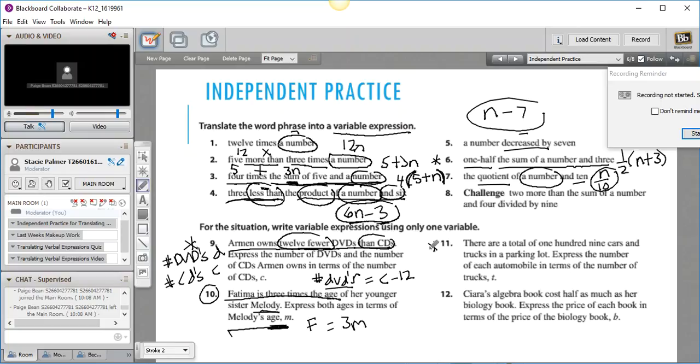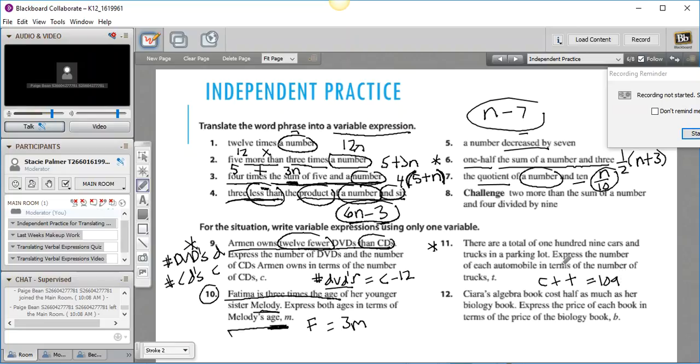Okay, let's look at number 11. There are a total of 109 cars and trucks in a parking lot. Express the number of each automobile in terms of the number of trucks. Okay, so the number of cars and trucks in the parking lot is 109.